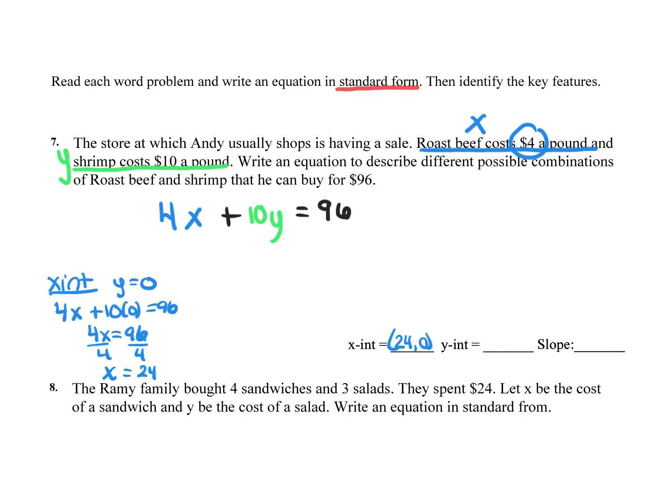When I do my y-intercept, let x equal 0. So I have 4 times 0 plus 10y equals 96. 4 times 0 is 0, so I have 10y equals 96. And then when I divide by 10, y equals 9.6. 0, 9.6.